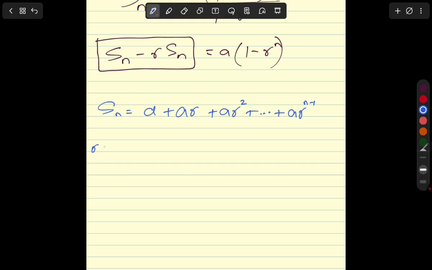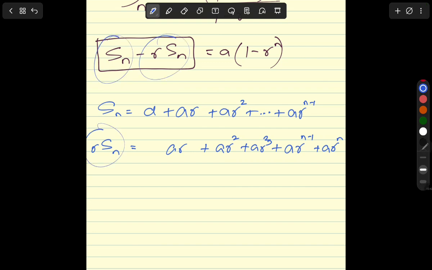Now if I multiply this entire thing by r, this becomes ar, the second term is going to be ar square, the third term is going to be ar cube, the second last term is going to be ar to the power of n minus 1, and the last term is going to be ar to the power of n. Now you saw something: we take this away from Sn.